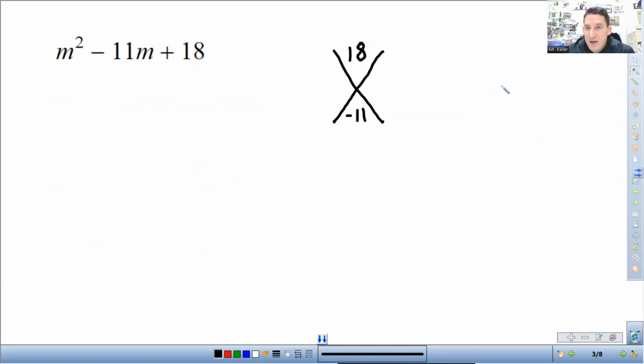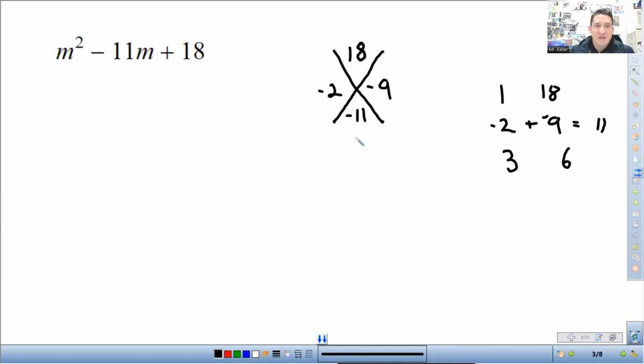The numbers that multiply to get 18 would be 1 and 18, 2 and 9, 3 and 6. I believe that is it. Which one of these is going to add to 11? Well, 2 plus 9 is 11. So it's going to be a 2 and a 9, but it's a negative 11. So we need to make these negative. So it's going to be negative 2 and negative 9. So negative 2 times negative 9 is positive 18. Negative 2 plus negative 9 is negative 11.